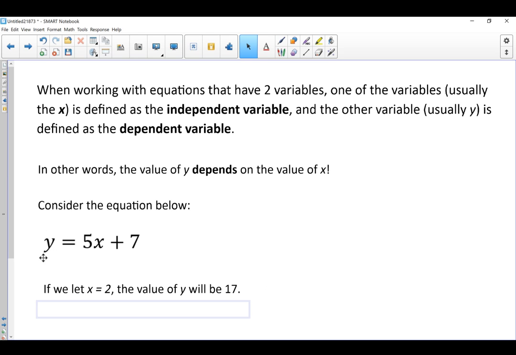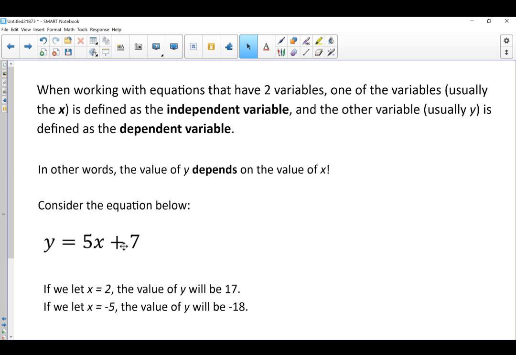So the value of y depended on the value of x. Similarly, if we let x equals negative 5, then it's 5 times negative 5 plus 7, which brings us to negative 18. So again, the value of y depended on what the value of x was.